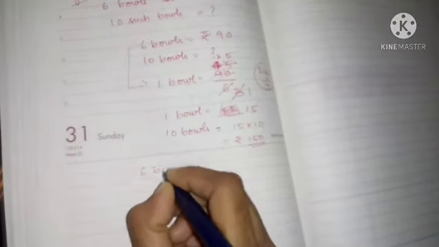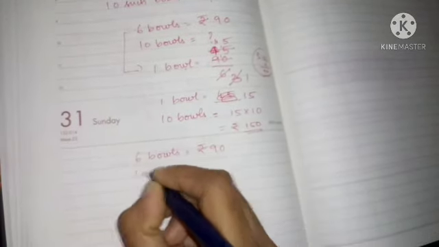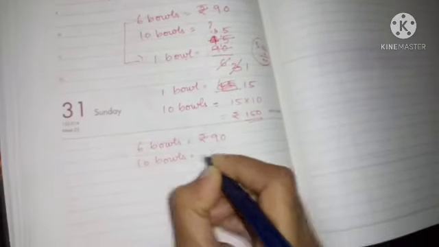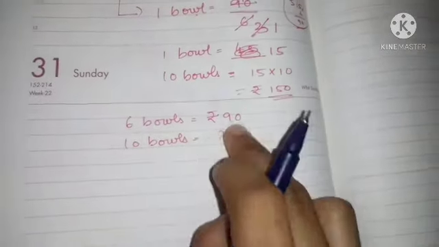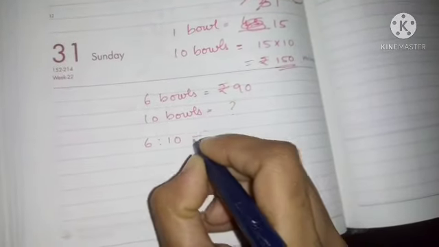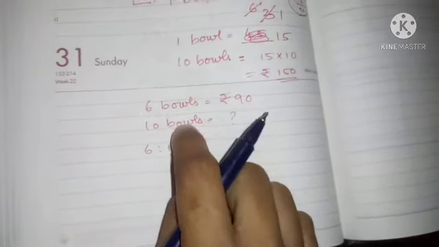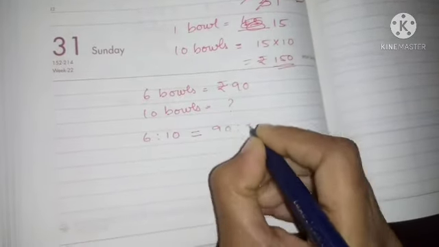So shall we do that other method? 6 bowls, actually it is rupees 90. For 10 bowls, what is the rupees? So shall we compare these two as ratios? Yes. 6 is to 10 is one ratio. See, 6 is to 10 is bowls. 6 is to 10 is equal to 90 is to x.